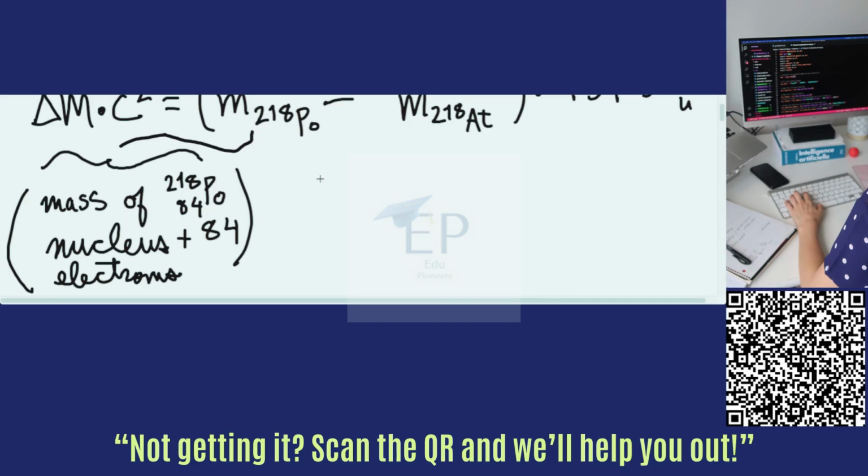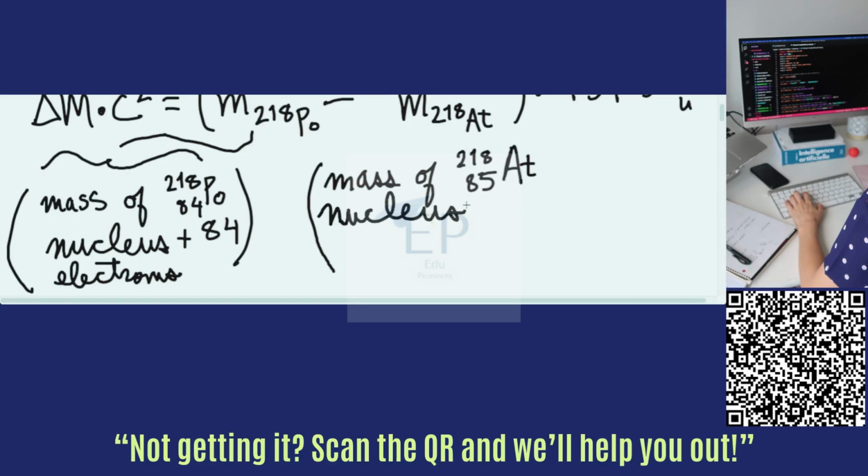In addition, our daughter atom has a mass. The mass includes our 218-85 astatine nucleus, the mass of the nucleus plus 84 electrons.